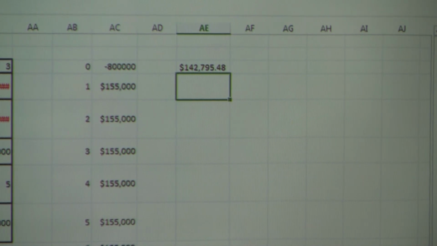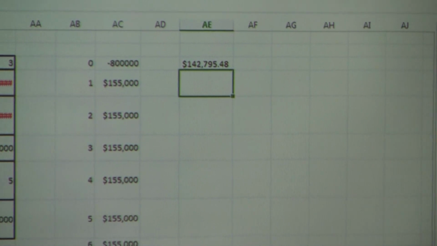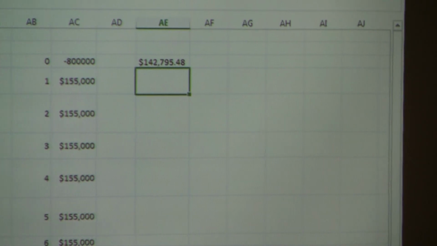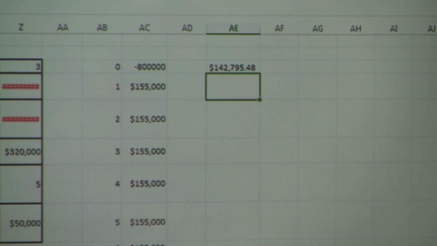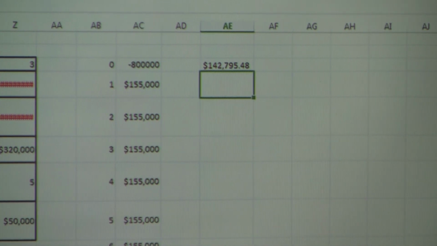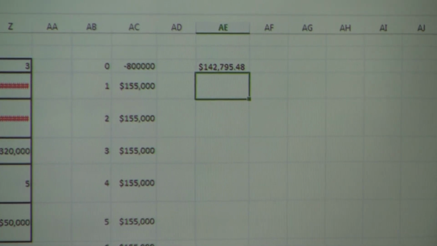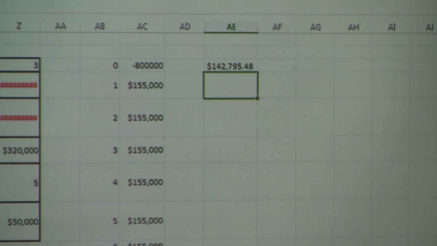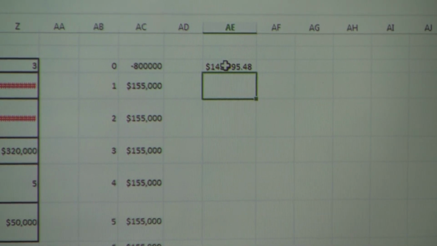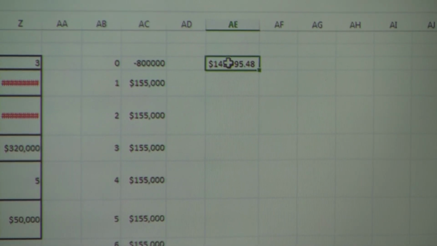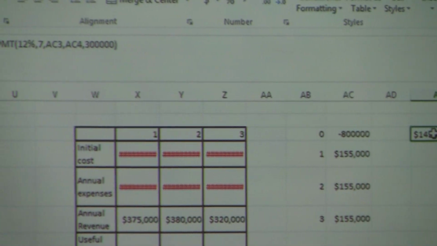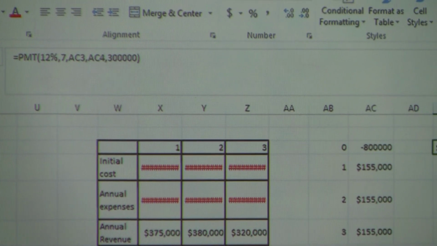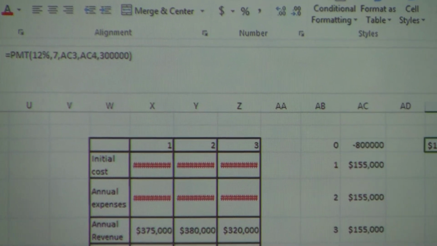This project is worth $142,000 a year. That's the annual worth of this project. Yes, this is the PMT function. It requires the rate, the number of periods. In this case, I had a payment value.